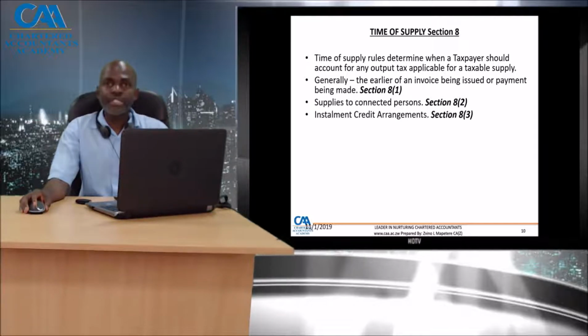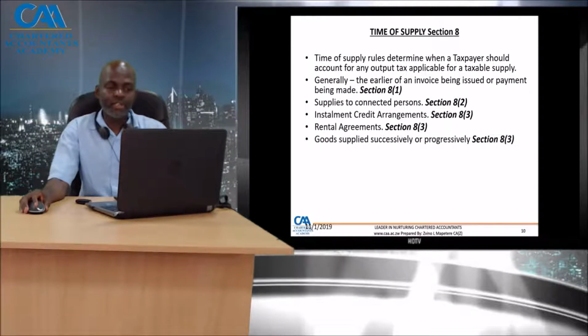Now that we have IFRS 16, you still need to be able to relate to that standard. Section 8.3 also deals, as I've said, with rental agreements where you're deemed to be successively supplying with each and every rental falling due. Section 8.3 deals with goods being supplied successively or progressively.